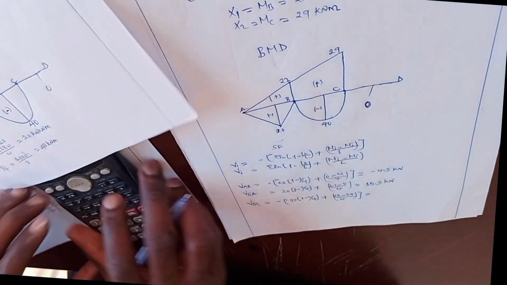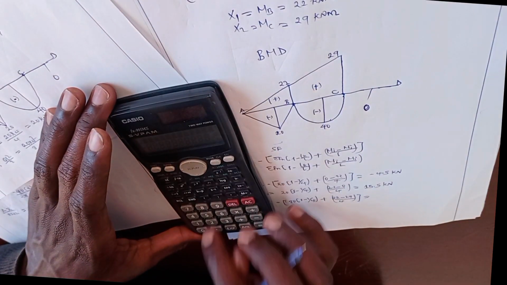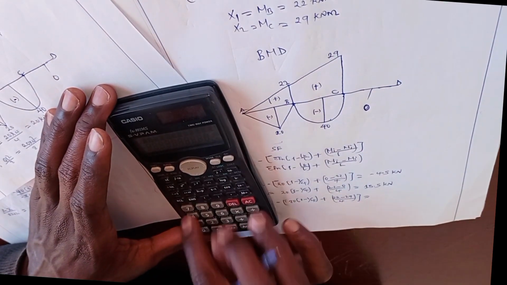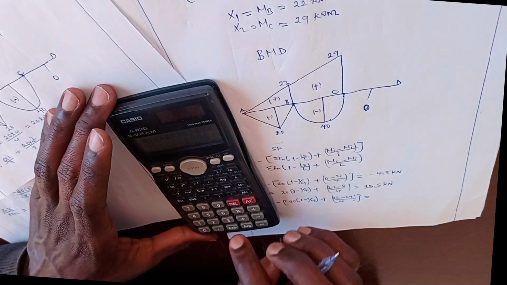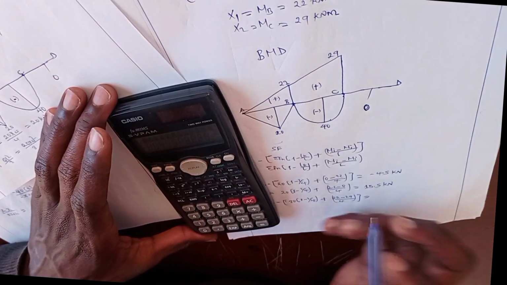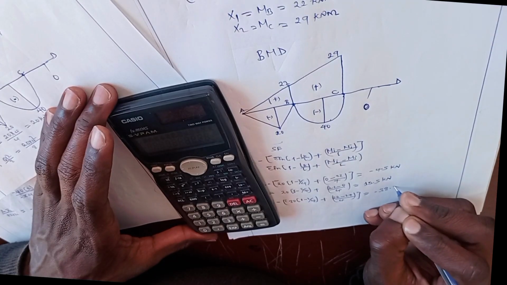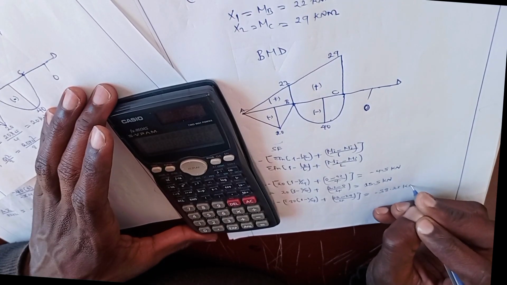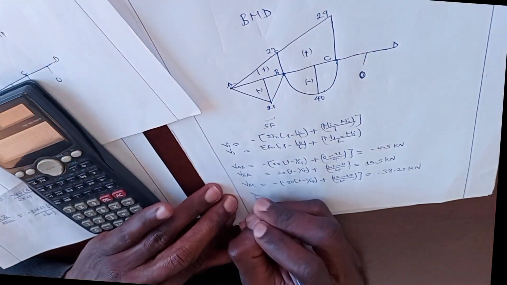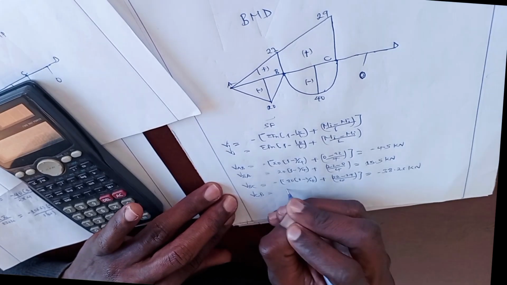It will be equal to 22 minus 29 divided by 4 plus 80 times 0.5. It will be equal to negative 38.25 kilonewton.